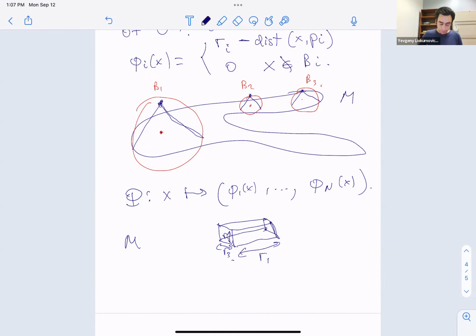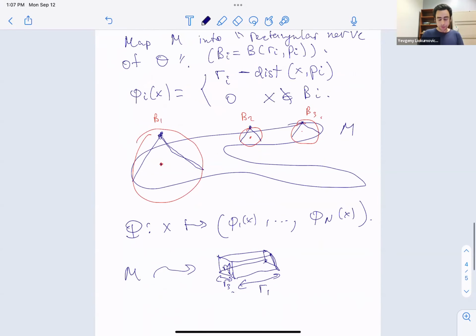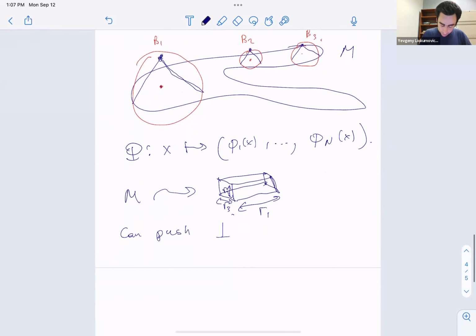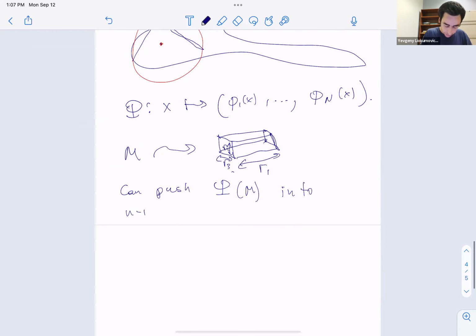Okay, so this is a very large dimensional space, but Larry observes that if you pick those balls with certain special properties and you use the isoperimetric inequality in a careful way, then you will be able to push the image of this map inductively into the n-1 dimensional skeleton.